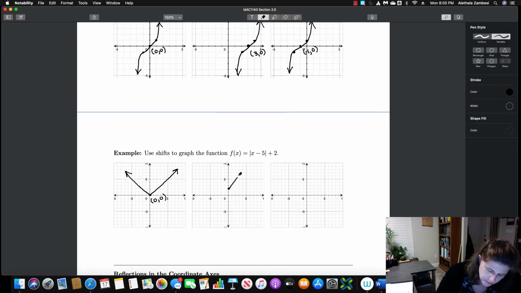So based on the vertical shift only, I've moved up 2 units. This is the +2 portion of it. Now I've also got a -5 portion of it. Remember, opposite way of the sign, so I'm moving in the positive direction 5 units. I'm still up 2. So my final result, my absolute value function, is over here. This function starts at the point 5, 2.